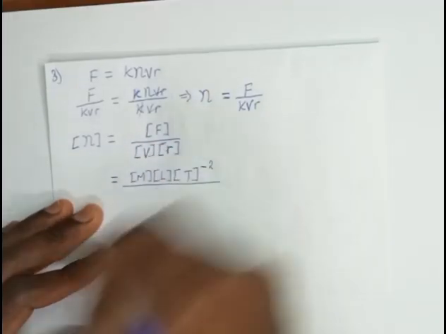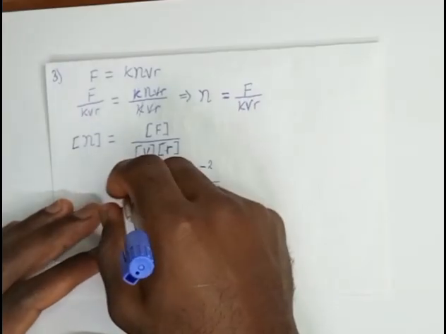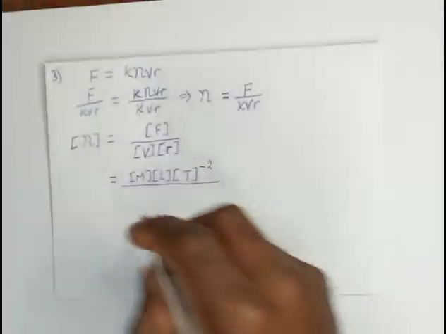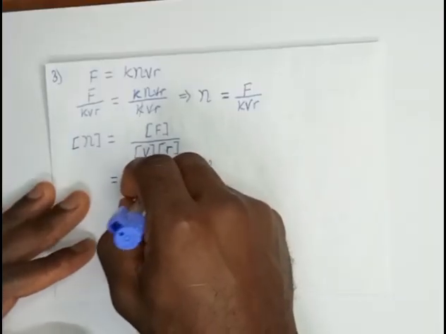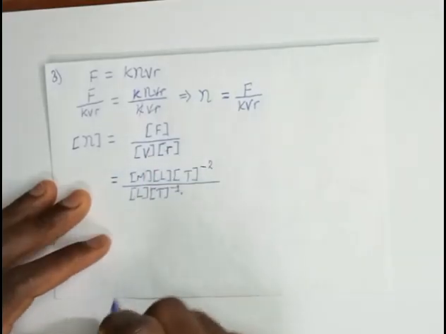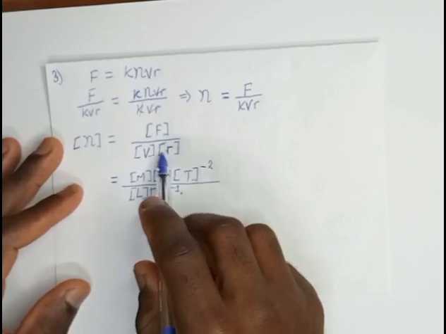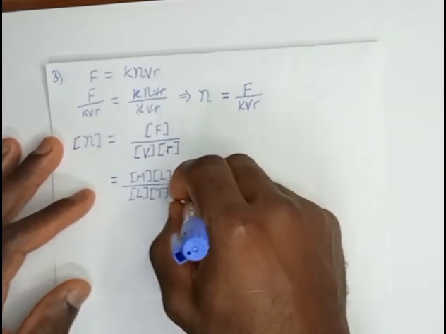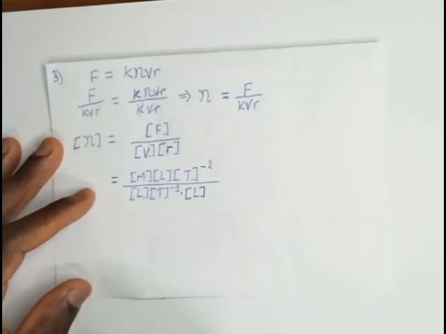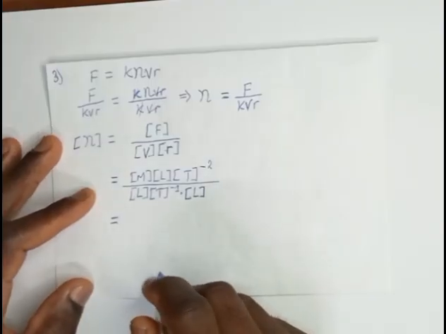We have to divide all this by the dimension of velocity. It is simply, this is it in question 1 again. What we have in the numerator here is L times T to the power -1. Then we multiply by the dimension of R. R stands for the radius of the object, and the dimension for radius is also distance, which is L. This will simply be equal to, you see that we can simplify.